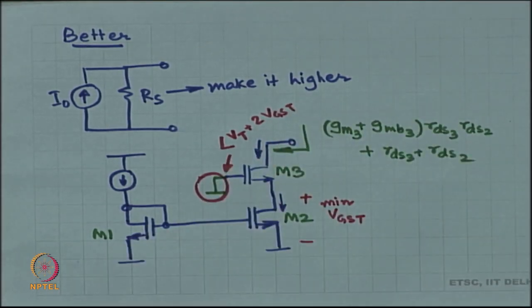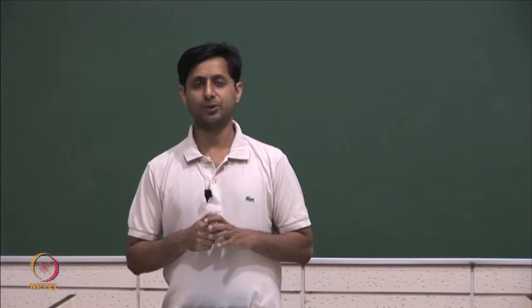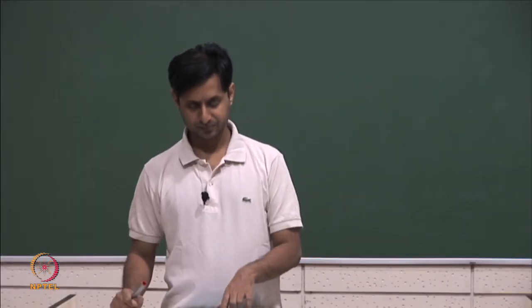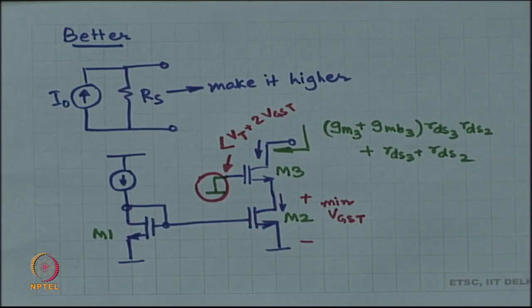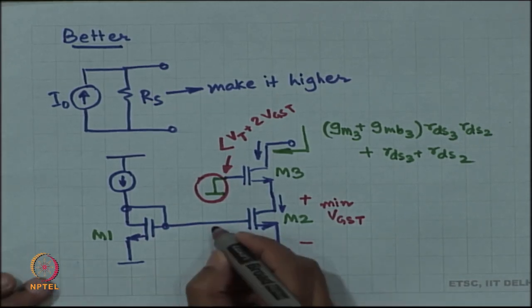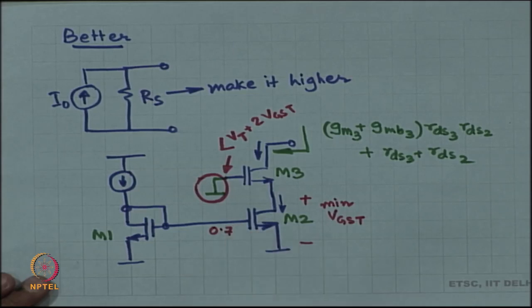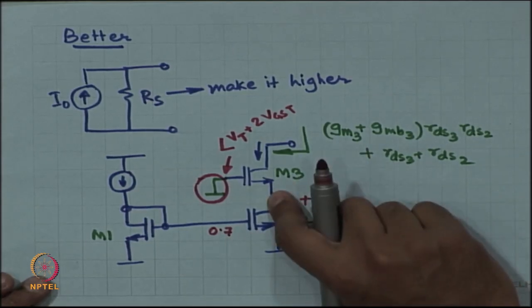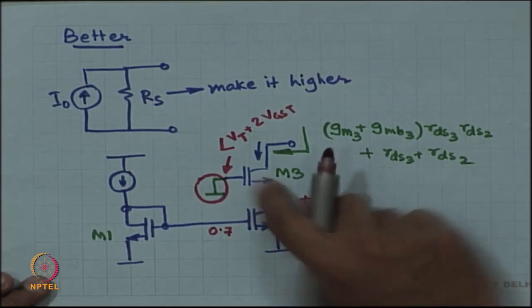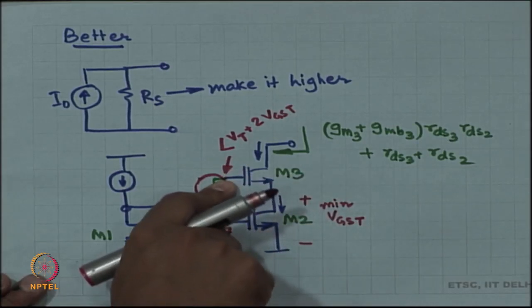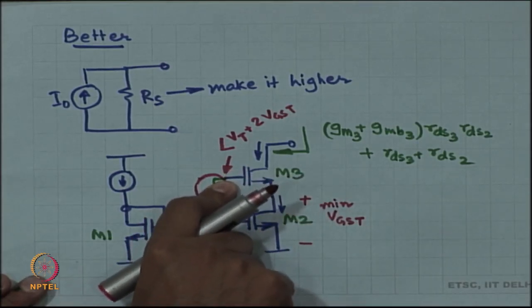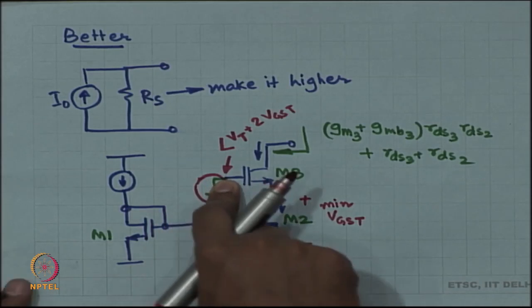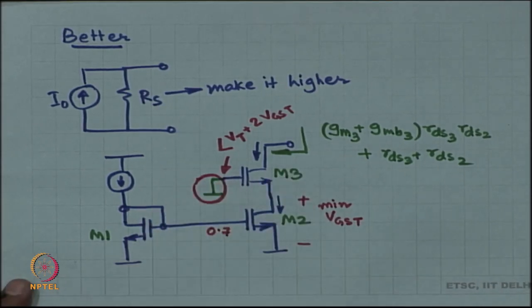Anything more than that is okay. For example, if you know your VGST is 0.2 volts and VT is 0.5 volts, then the voltage here is 0.7, right. The minimum allowed over here is 0.2, which means that the minimum allowed over here is 0.9, but then there is no maximum, it can be anything above 0.9.